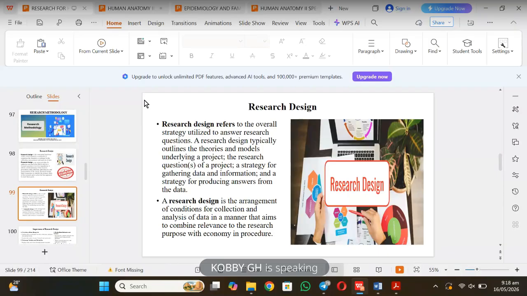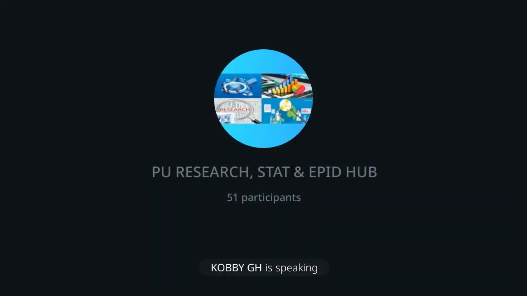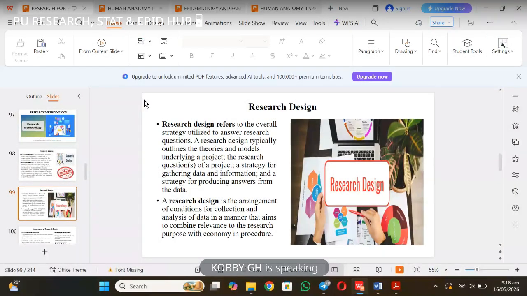And then the third design, we call it prospective study design. So the first design, we call it descriptive cross-sectional design. The second design, we call it retrospective study design. And then the last design, we call it prospective study design.